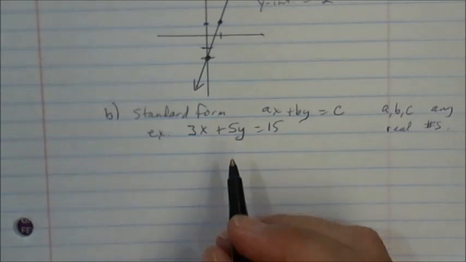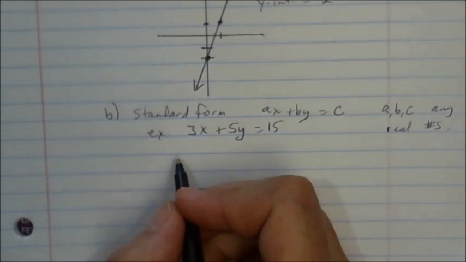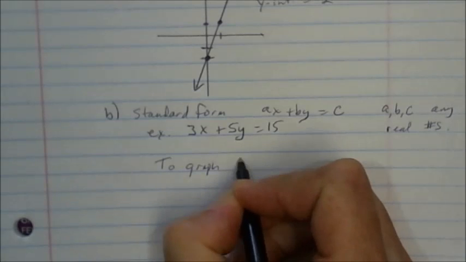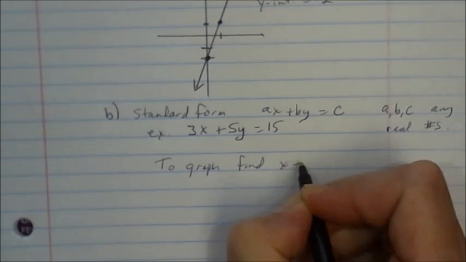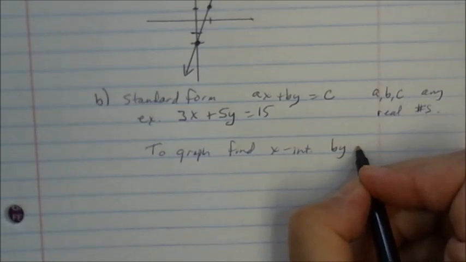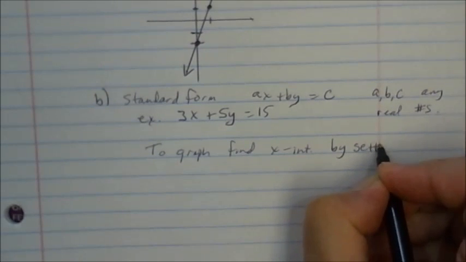And to graph that, you can find the x and y intercept. So find the x-intercept by setting y equals 0.